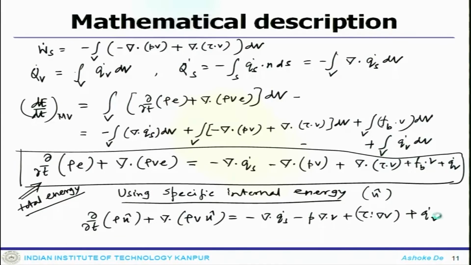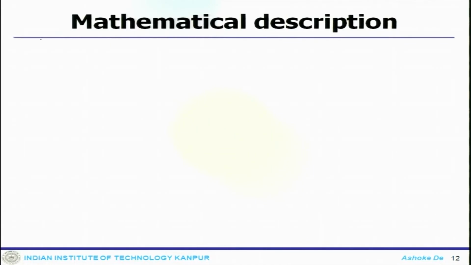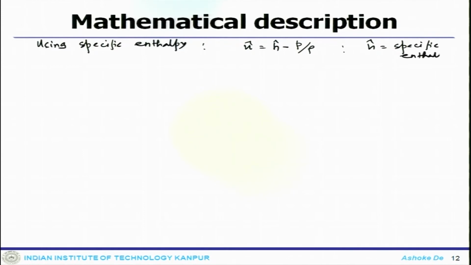Similarly, if one uses the specific enthalpy, that means H equals u plus P by rho. So, this H is the specific enthalpy.